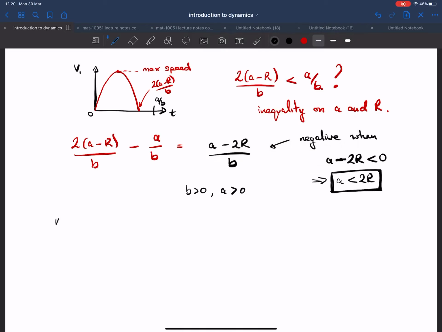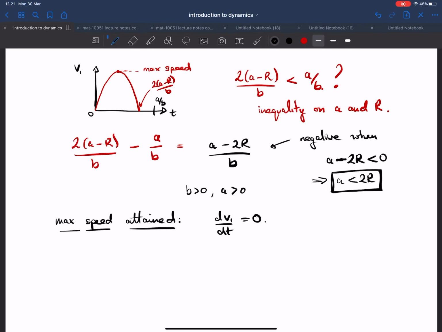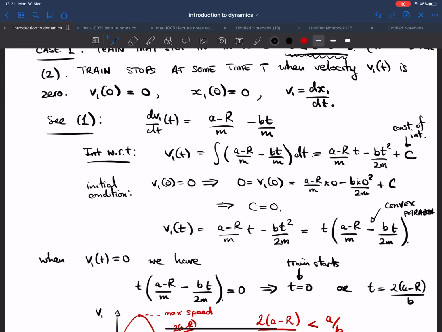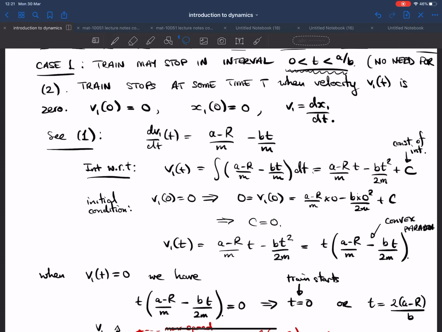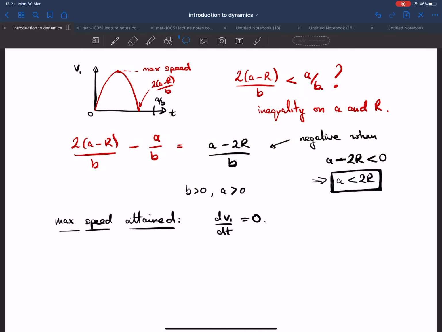So what about the max speed attained? Well, max speed attained clearly comes from looking at when dv1 by dt is 0. Don't forget that this was our equation for dv1 by dt.